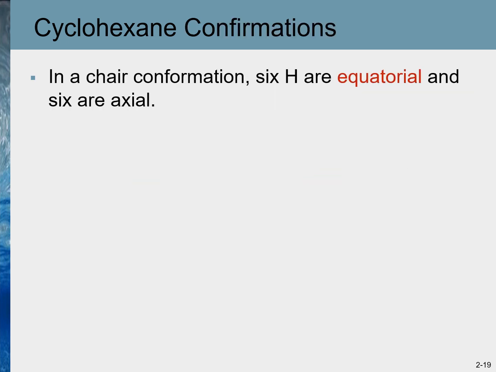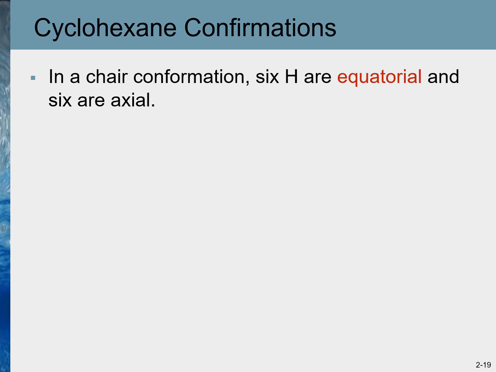It is an extremely important skill to draw the conformations of cyclohexane and identify the axial and equatorial hydrogens. In this slide, I will explain the method to draw the conformation and how to label the axial and equatorial position.